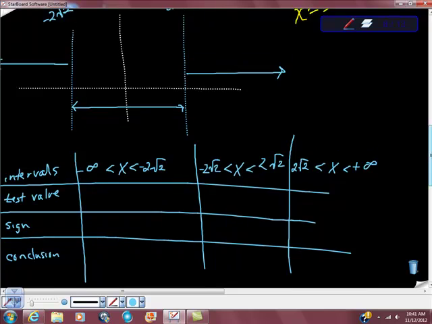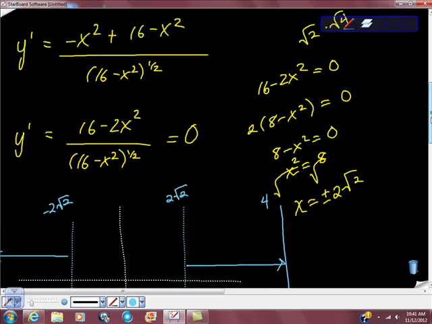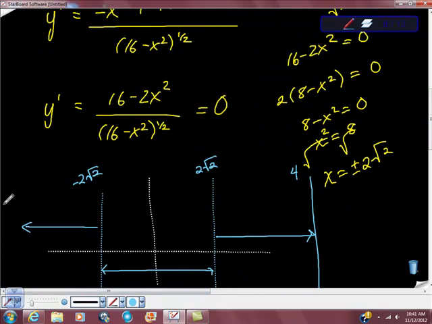Actually, we have to look at this one for a second. We have to be careful here because look at this for a second. We have to look at this bottom piece for a second too, don't we? When does this denominator go to 0? At 4 and negative 4. So this is 4 and this is negative 4.